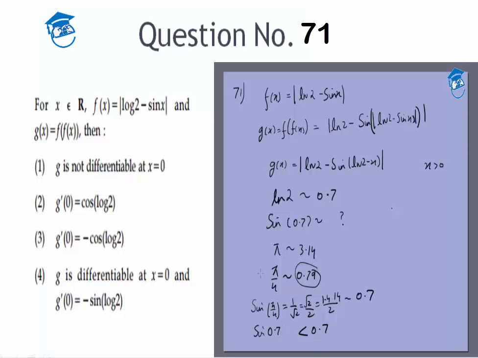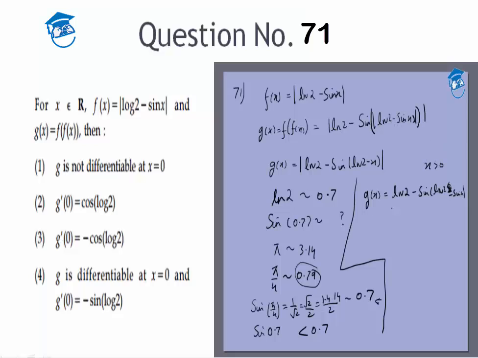If you take a value slightly smaller than 45 degrees, it will give you a value slightly smaller than 0.7, right? So the thing inside the modulus will again be positive. So you get g of x is equal to ln2 minus sin of (ln2 minus sin x) for x greater than 0. What about for x less than 0?